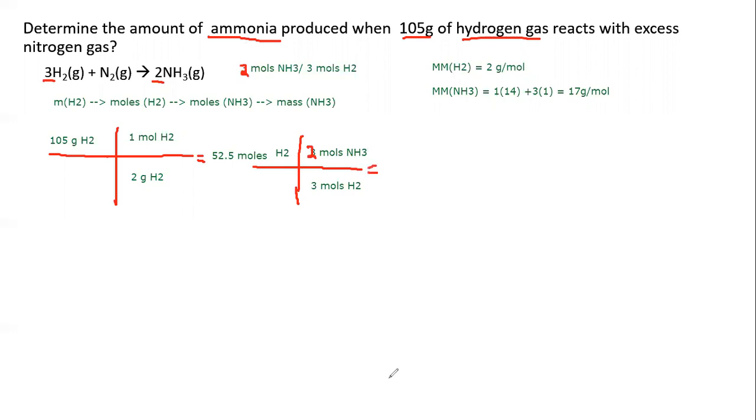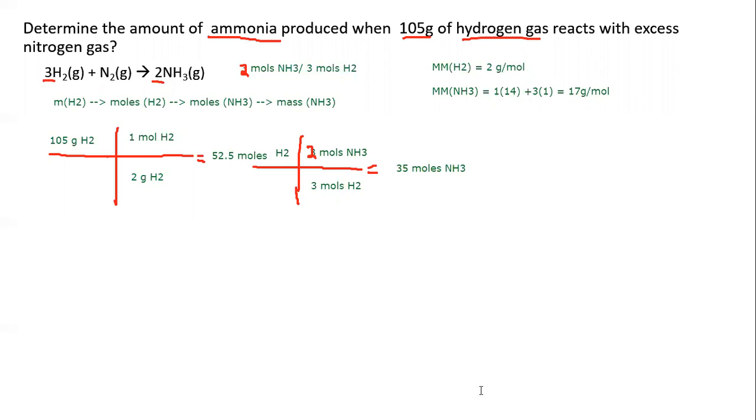This will tell us the moles of ammonia produced. And we get 35 moles NH3. So that's the answer for step 2.